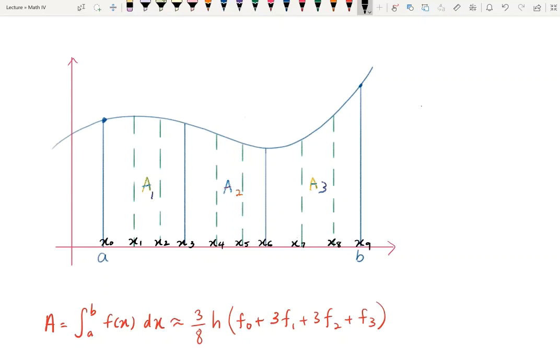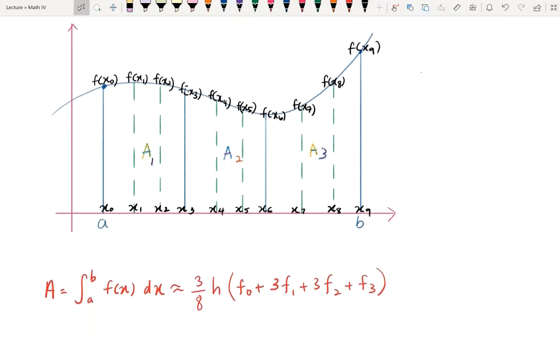Sama juga yang untuk yang atas ni, start with fx0 dan fx1, fx2 sampai fx9. Dan bila kita dah ada ni, okay, kita dah ada setiap segmen ni, the konsep sama juga macam 1/3 rule yang kita dah belajar sebelum ni. Kita akan kira segmen by segmen ni lah, area for every segment yang kita ada ni, menggunakan formula tu.